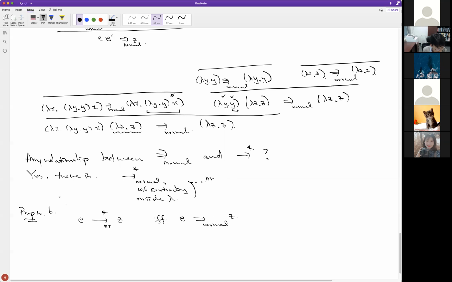So this is for closed E and canonical Z. The proof is not that simple, but I encourage you to look at it.